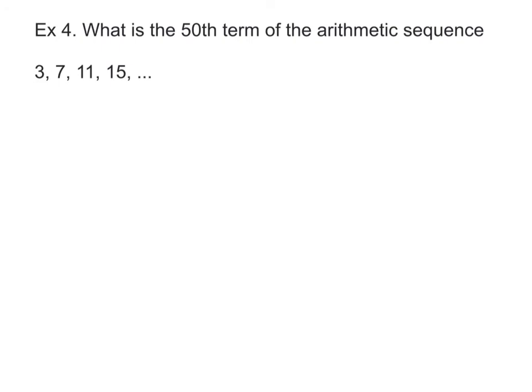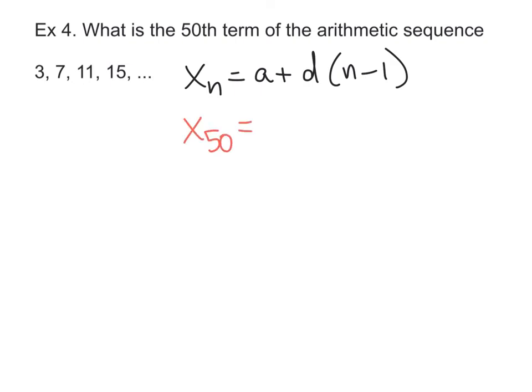All right, so this one, another one similar. What is the 50th term of the arithmetic sequence? So again, I don't want to waste my time trying to figure this out. So I say x sub n is equal to a plus whatever my d is, n minus 1. So I'm going to start plugging in what I know. I'm looking for x sub 50, so my n value is 50. My a is 3 because it's my first term.